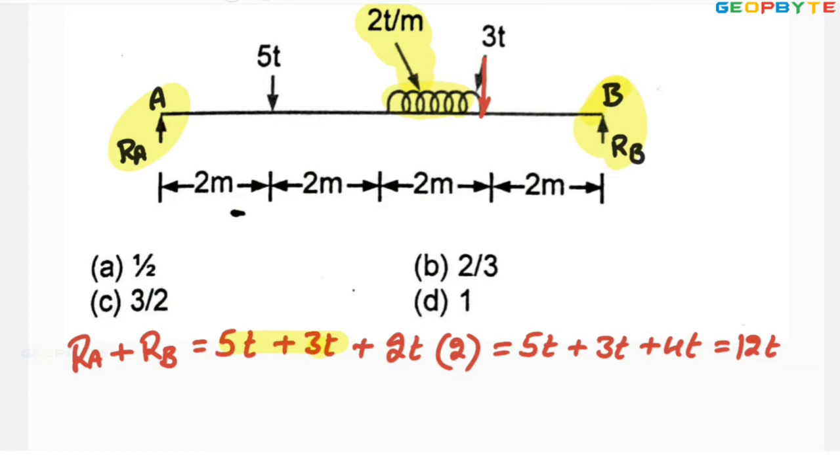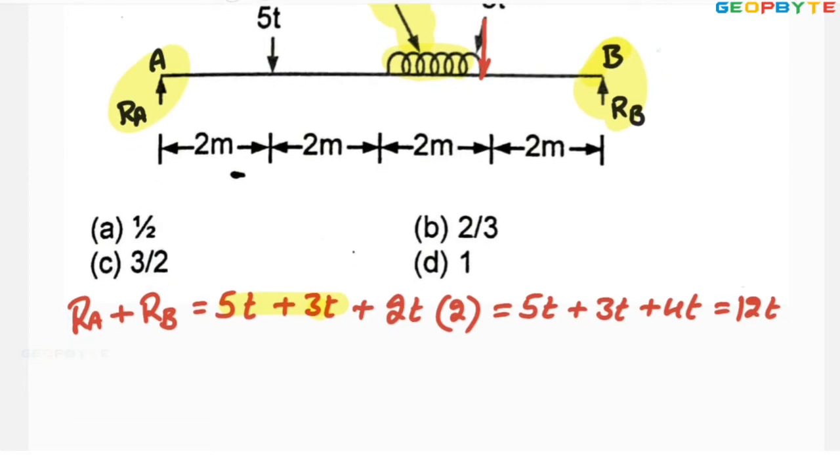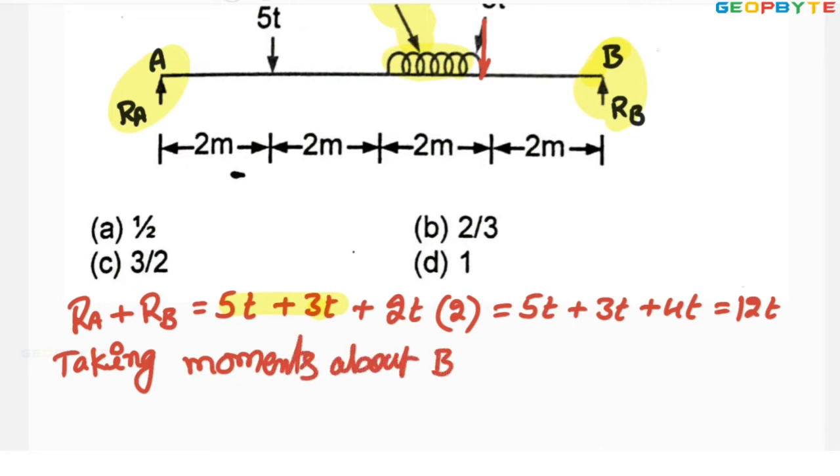Now let us find RA separately. For that, taking moments about B. With respect to B, RA is developing the clockwise moment.